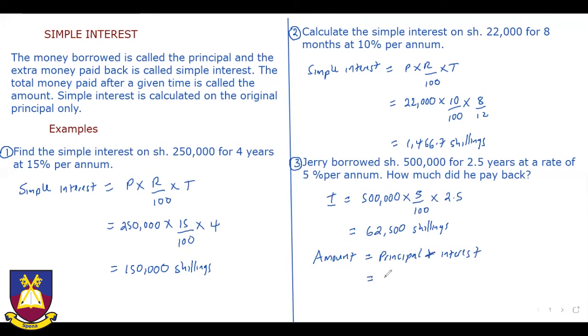So the principal is 500,000. The interest is 62,500. The total amount you pay at the end of the agreed period will be 562,500 shillings. That's how we calculate the amount in simple interest.